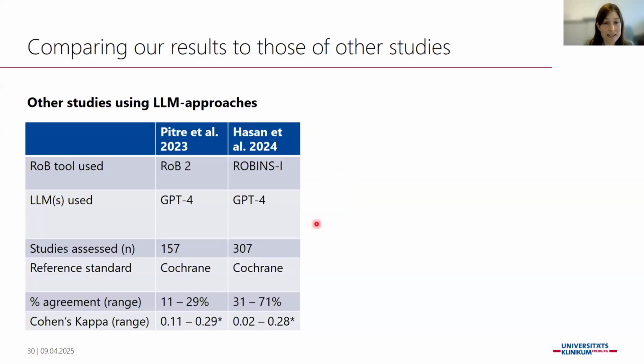And here's a further study by Hassan et al. And what is interesting is that they use the ROBINS-I tool, as I mentioned before, a tool to assess non-randomized studies of intervention. They also used GPT-4, and they also took Cochrane reviews as a reference standard. And as you can see here, agreement is a bit higher, but still the Cohen's kappa is quite low.